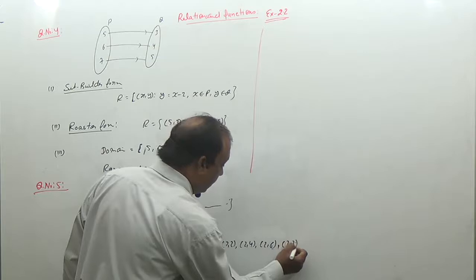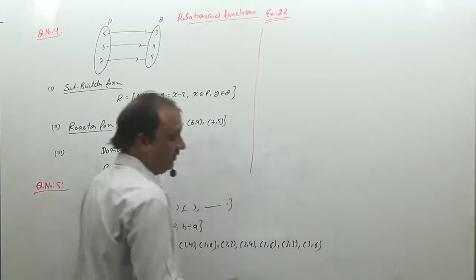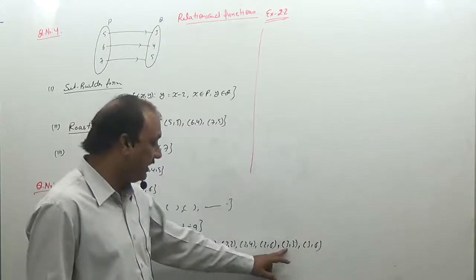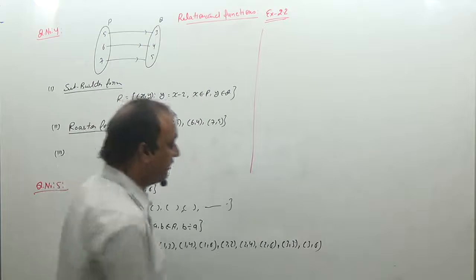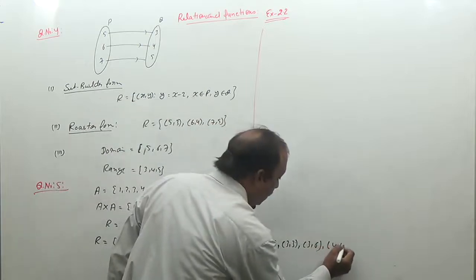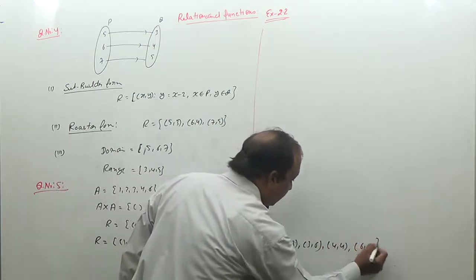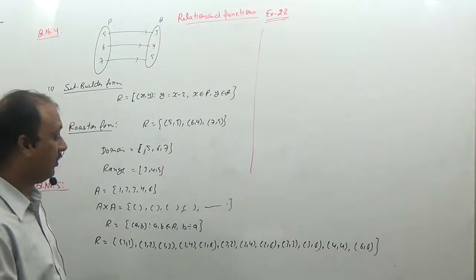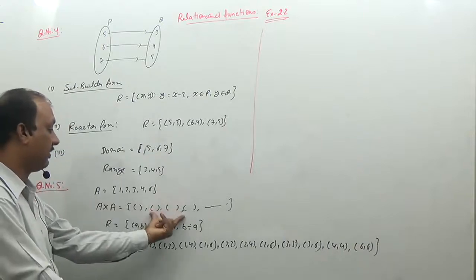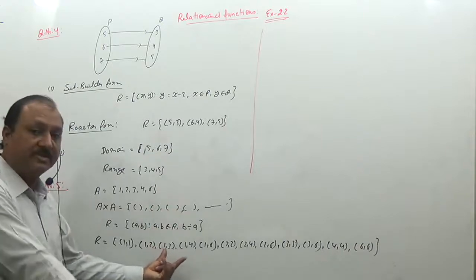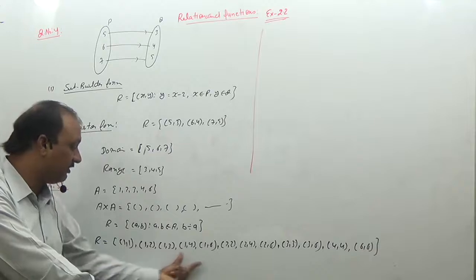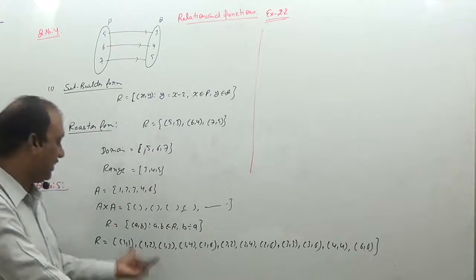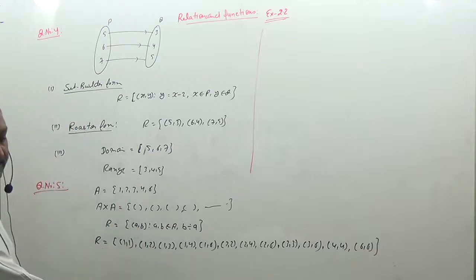Next, 3 3, 3 6. So 3 is divisible by 3, 6 is divisible by 3. Next is 4 4, and next is 6 6. So we have filtered all the ordered pairs out of these 25 in which the second number is exactly divisible by the first number. So this is the relation, or this is the roster form.